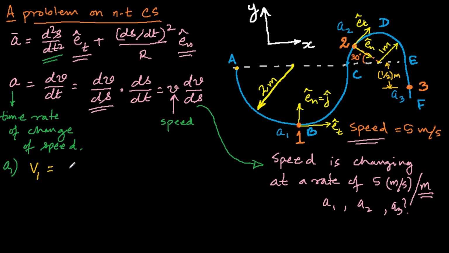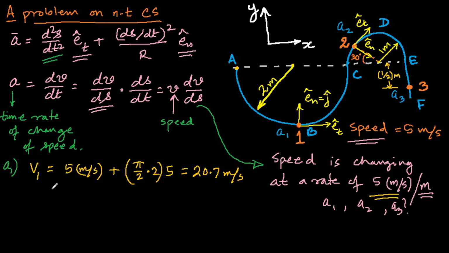Now v1 will be that 5 meters per second, which is at A, plus, by the time it reaches B, it would have traveled this distance, which is nothing but pi over 2 times the radius 2. So this distance times this 5 meter per second per meter. This will give us around 20.7 meter per second.